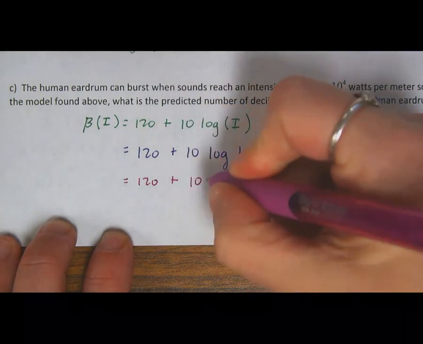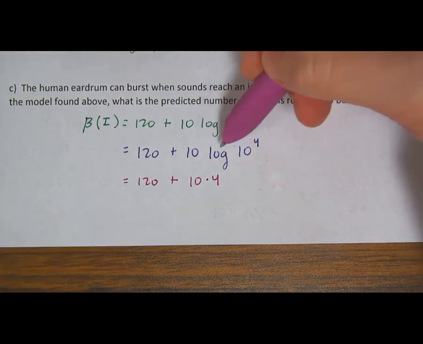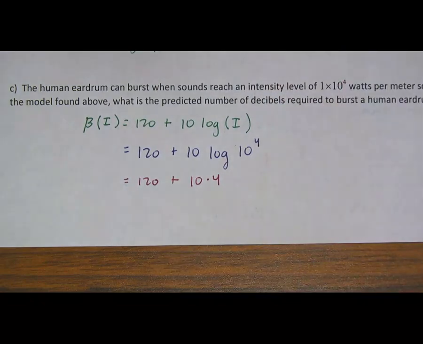So this really ends up being like 10 times 4. You kind of saw that on your last quiz, the one where you were all like, "Can you do this one without a calculator?" You have to be able to evaluate logs. So this just says 120 plus 40.